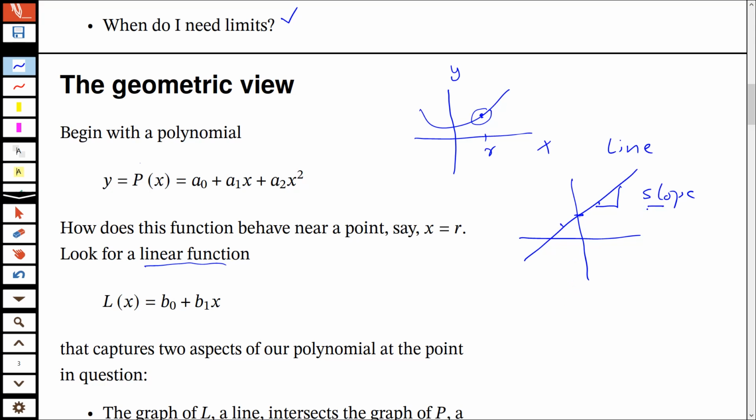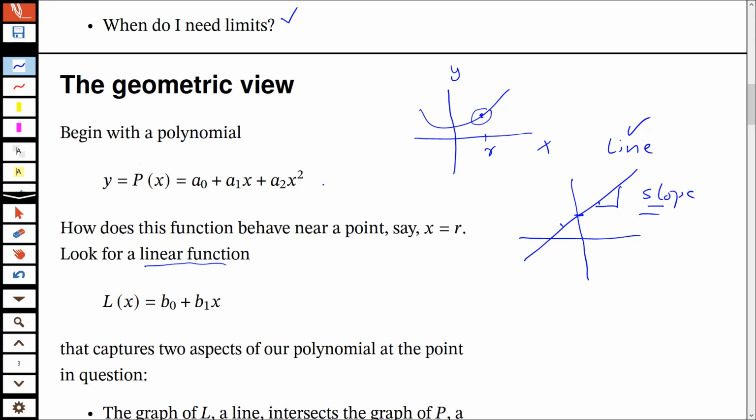Now the slope is defined only for a line. Let me make it very clear: there is no such thing as the slope of a curve. There is only the slope of a line. And that is why we are doing this business. If slope was easy to define for a curve, then we would not need this name derivative or this complicated concept.